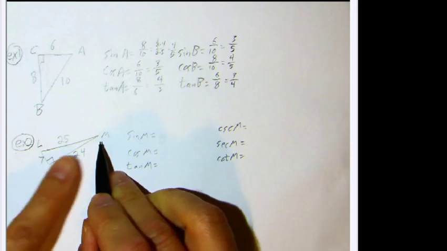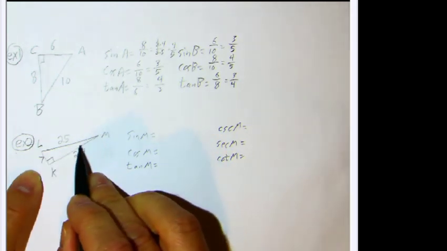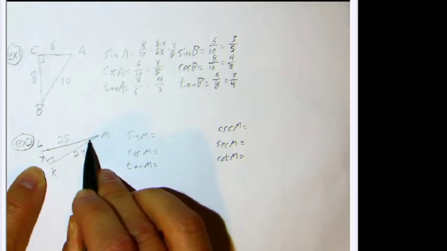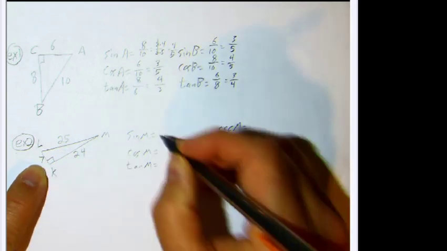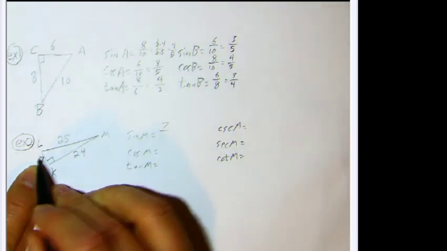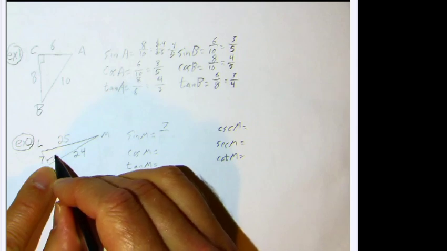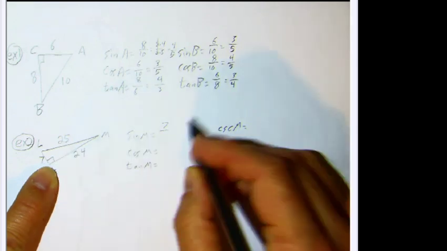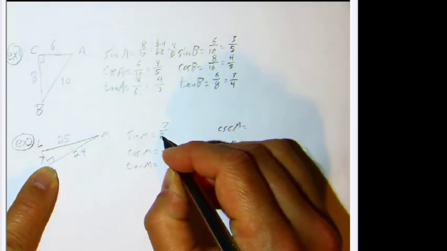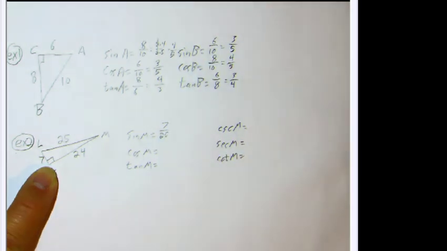So sine of M, I'm starting from M, the opposite side from M straight across is 7, and then the hypotenuse starts from the 90, goes straight across, and the hypotenuse there is 25. So there's my sine.